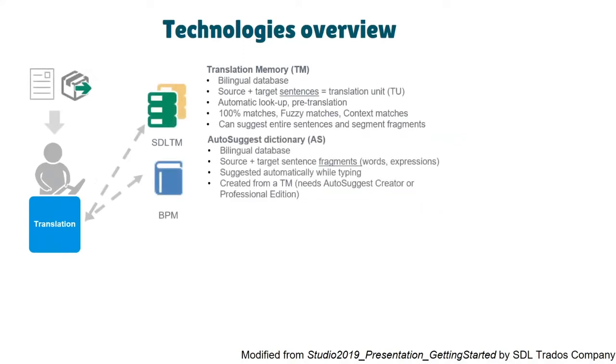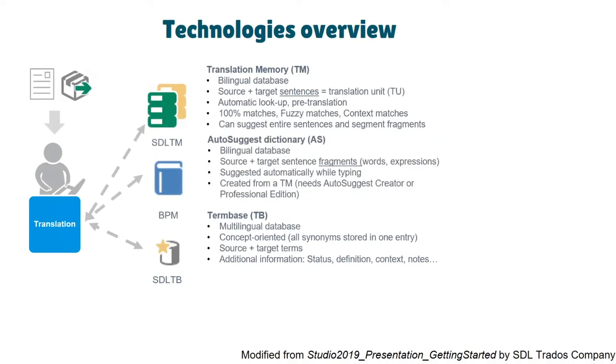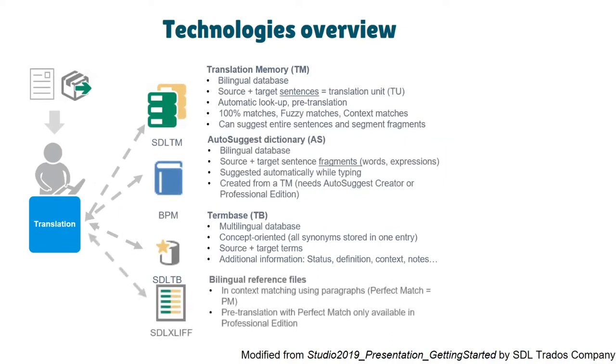So this is the overview of its major technologies. For example, translation memory is a central technology of Trados Studio. It is a bilingual database, and the source sentence with the target sentence are a pair, called a translation unit.